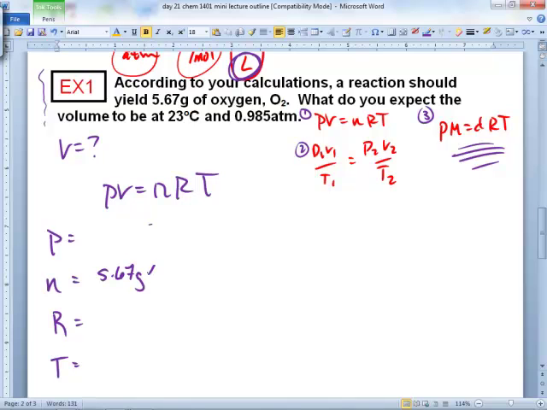5.67 grams times. We need the molar mass of oxygen. 16, but times 2, because there's O2, so we'd have 32.